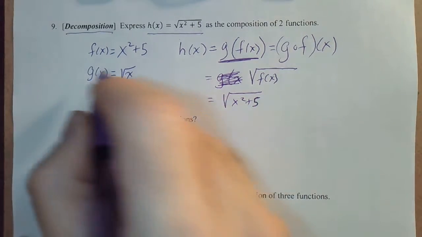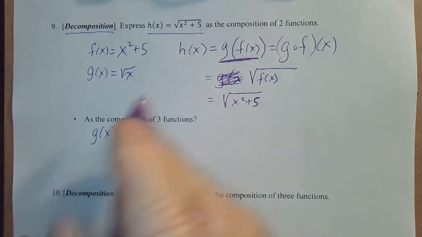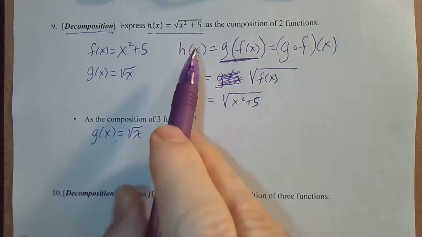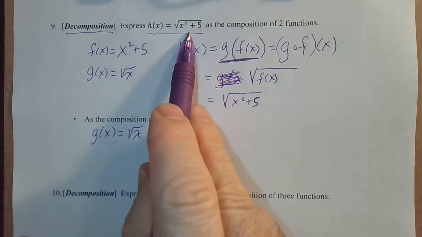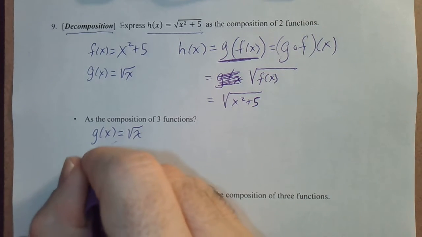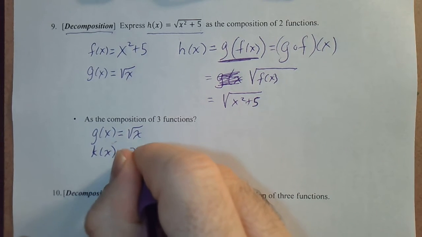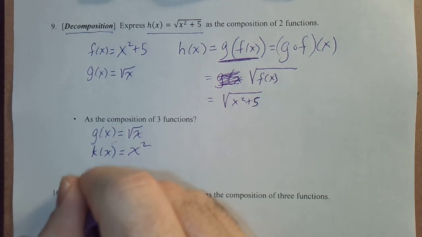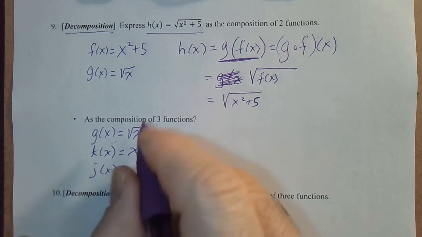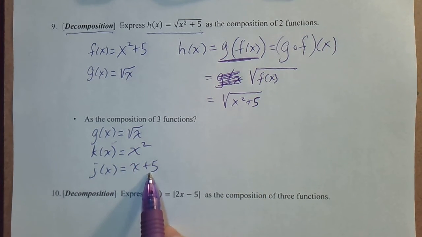So actually, let me use the g of x, radical x. So that one can stay the same. Because now I need something that squares something and something that adds 5 to something. So I'll use k of x, squares it, is x squared. And j of x adds 5 to something. So don't say x squared plus 5, just say x plus 5.